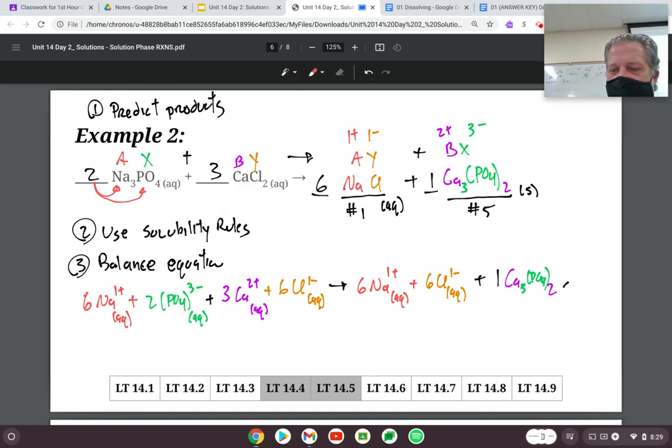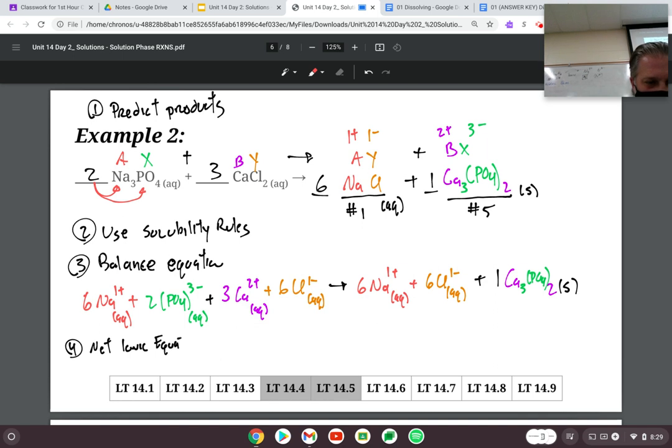And that is a solid. So the ions that make the reaction occur, the ions that make the solid, are the calcium and the phosphate. So when I write my net ionic equation, I'm only going to write the ions that make the solid.